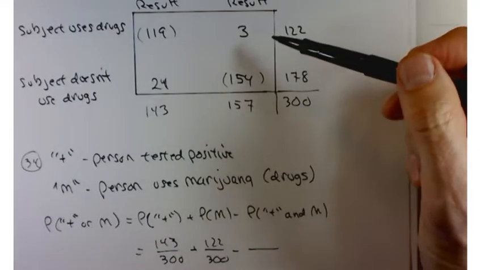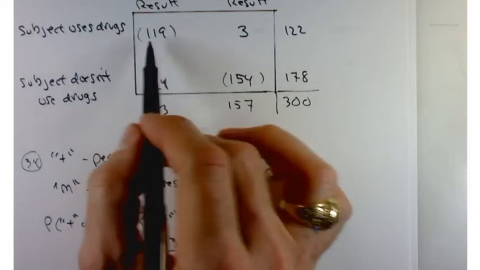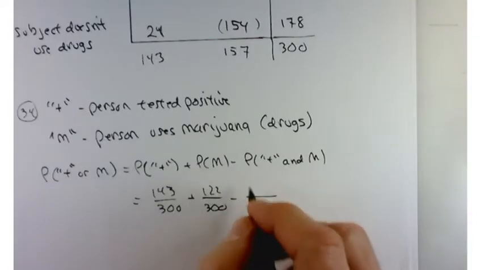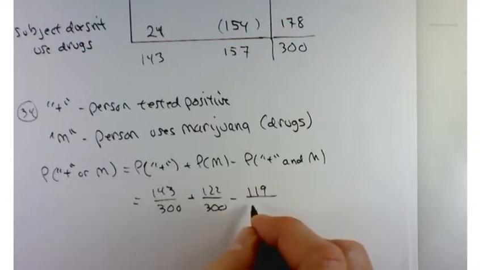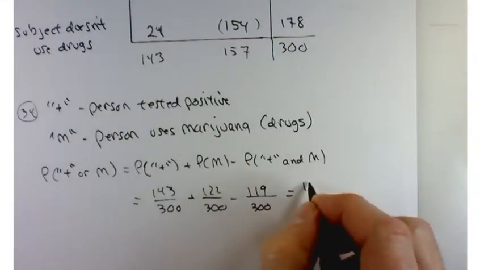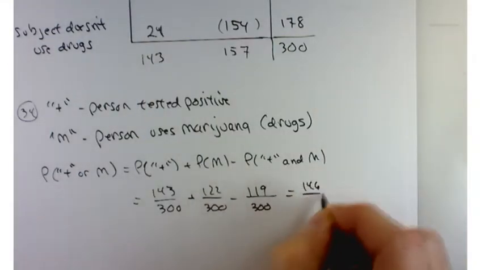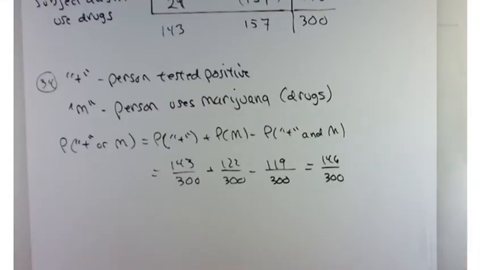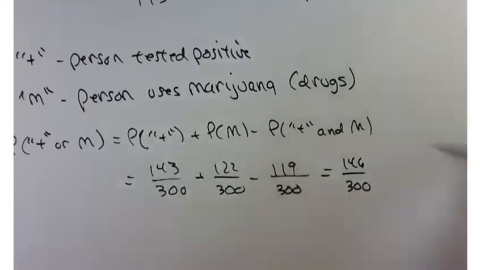There are 119 people who had a positive test result and used marijuana, so 119 over 300. Basically, you're just adding those extra 3 people in. 146 over 300. I don't even care that this is not in lowest terms. I'm just happy to see the probability. Some of you calculated percent. That's great too.